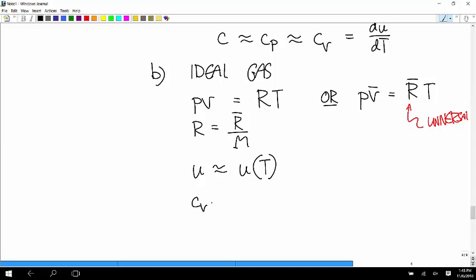So C sub V is equal to dU/dT. And C sub P is equal to C sub V plus R, right?